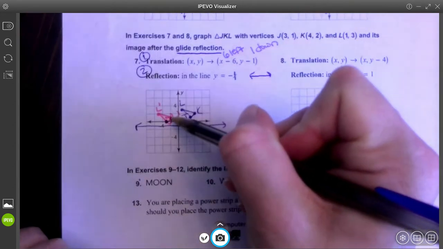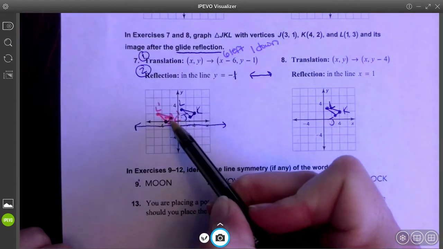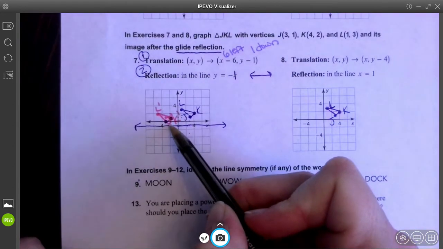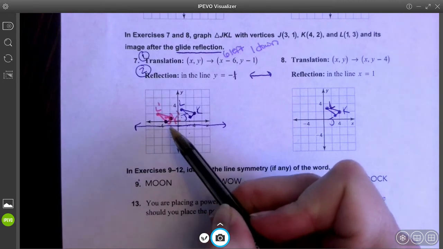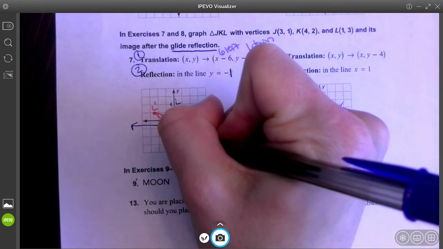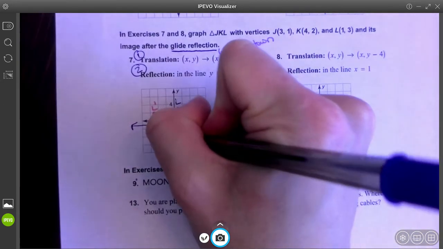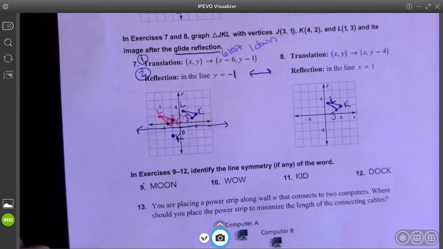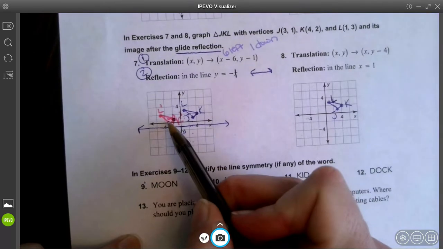So I'll start with K prime. K prime is 1, 2 units above the line of reflection. So K double prime will be 1, 2 units below that line of reflection. J prime is 1 unit above the line of reflection.